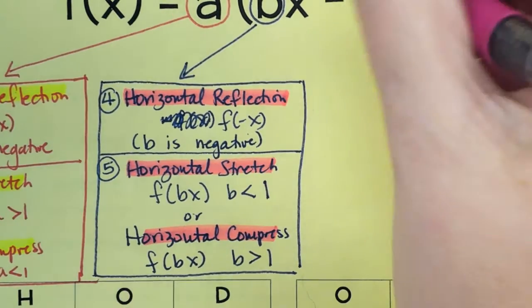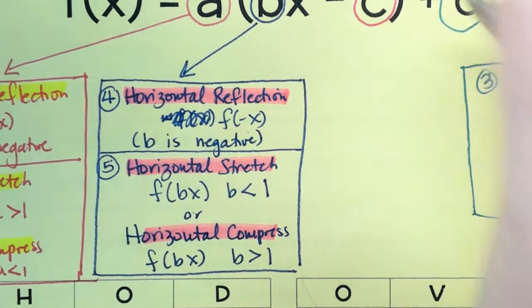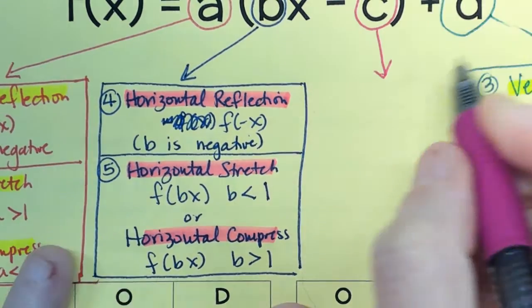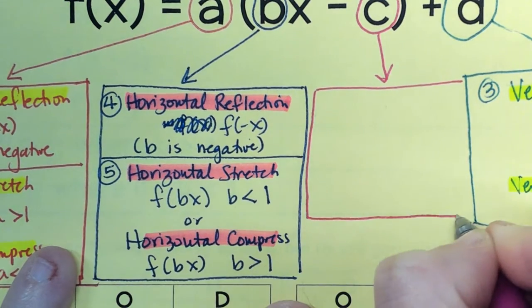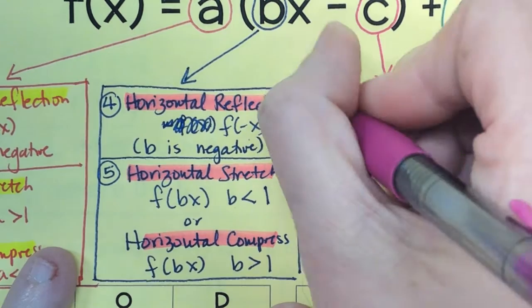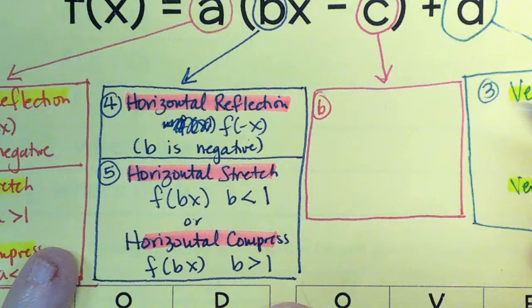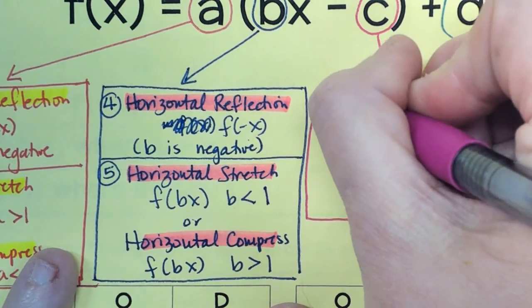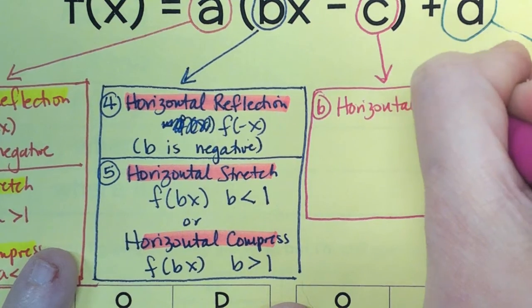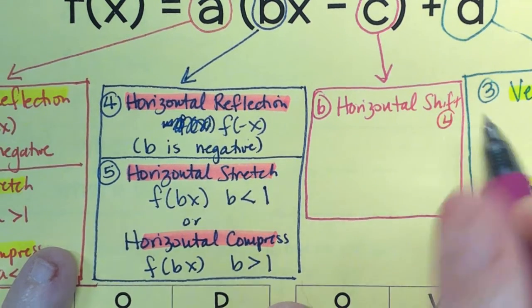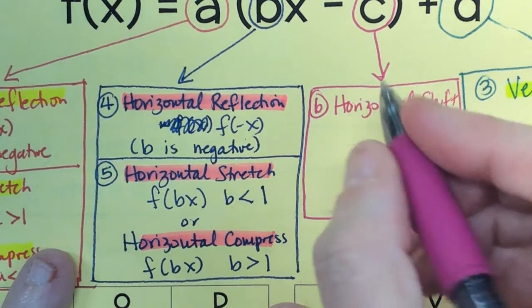Let's write down what we could see for changes in C. And this is the last one, and then we're going to start figuring this out. We could have a horizontal shift left. That is not a clock, it's an L circled.